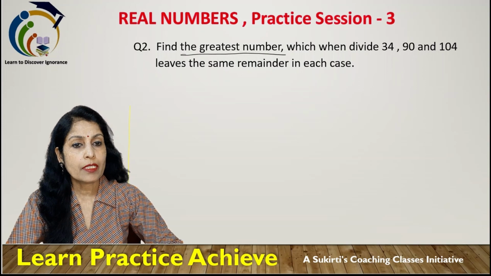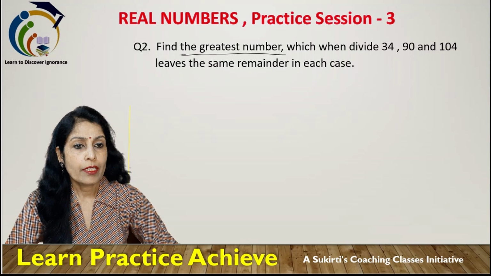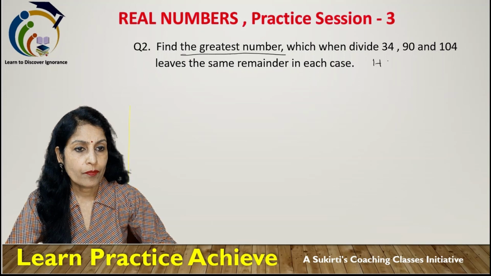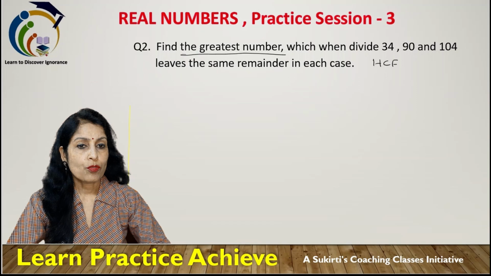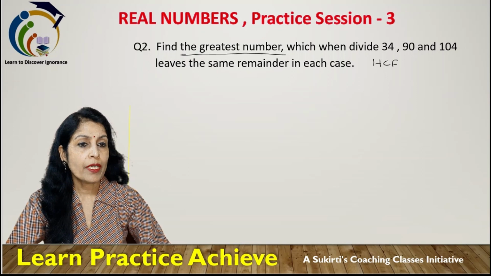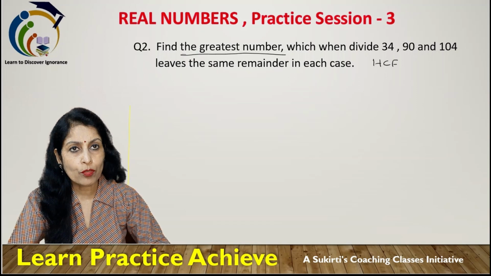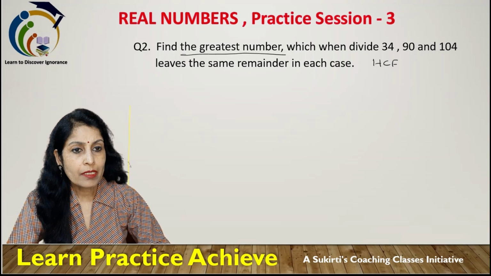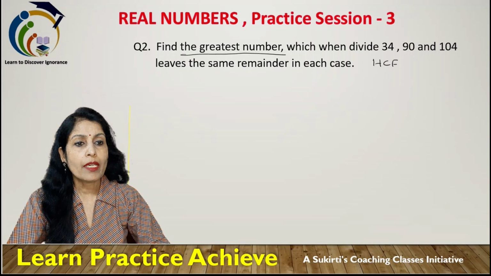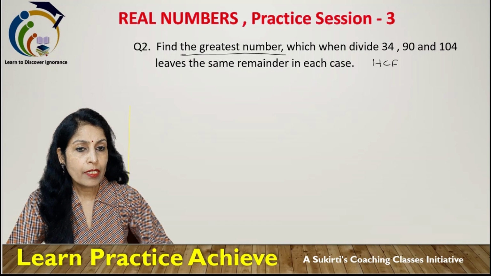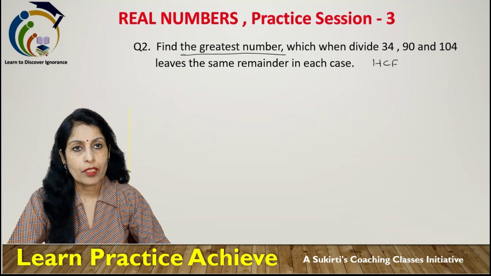If it is written greatest or largest, then you have to find the HCF. Greatest number which when divides means the number we don't know is the divisor by which we divide 34, 90 and 104, and it leaves the same remainder in each case.